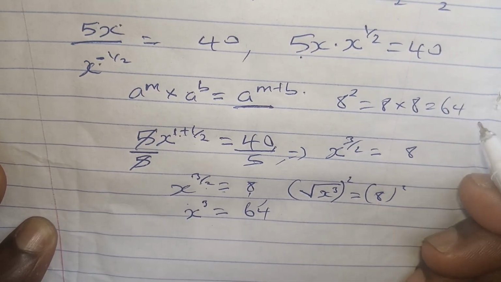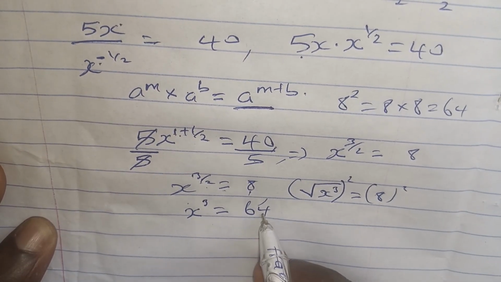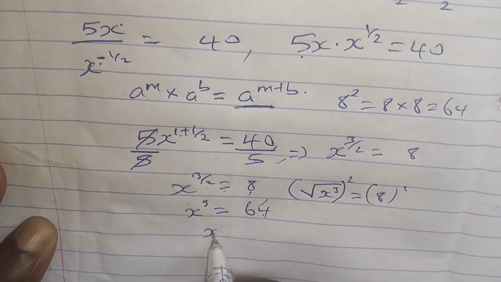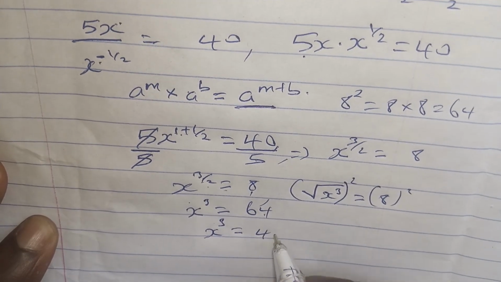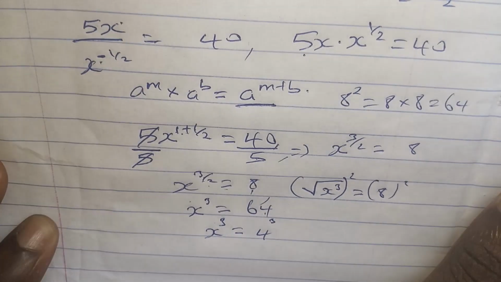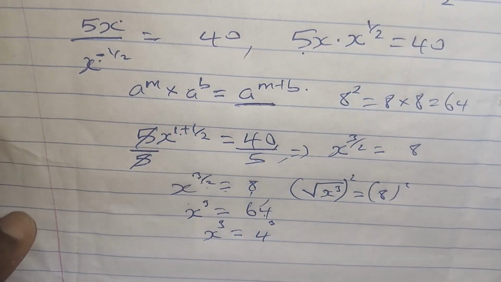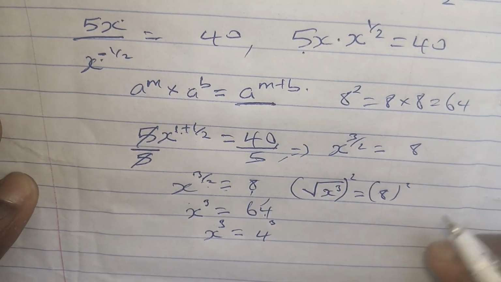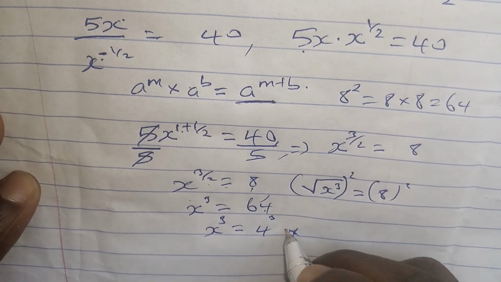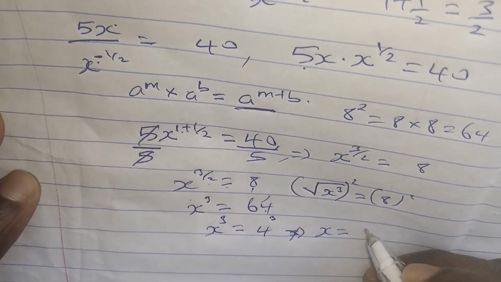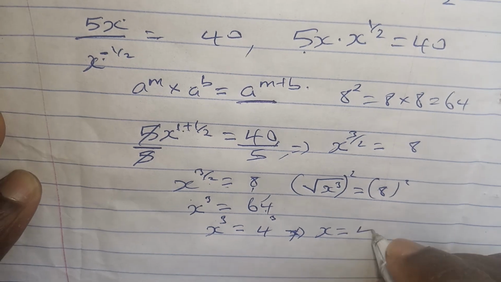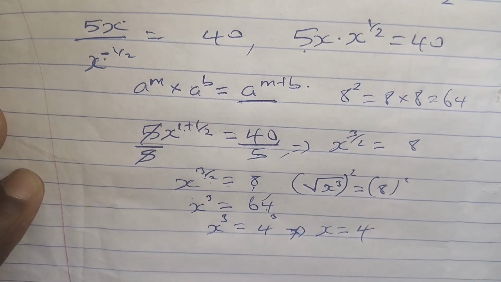We can rewrite 64 as 4 to the power of 3. So x to the power of 3 is equal to 4 to the power of 3. By comparison, x is equal to 4. So this is the value of x.